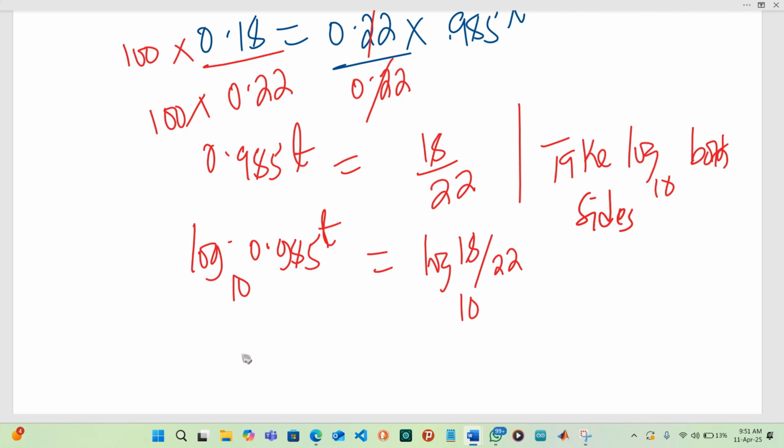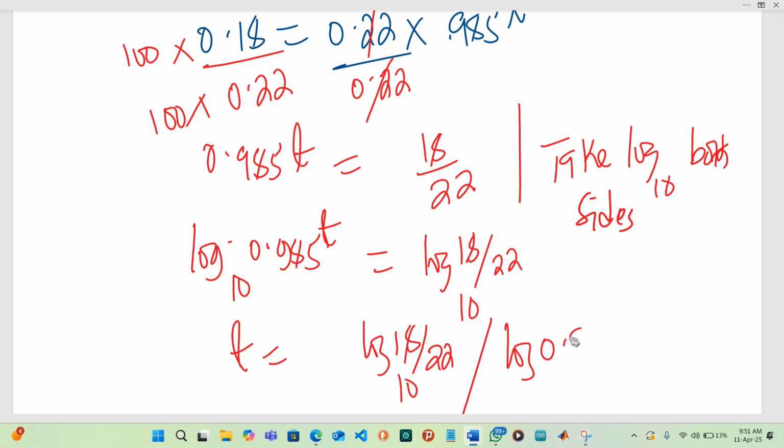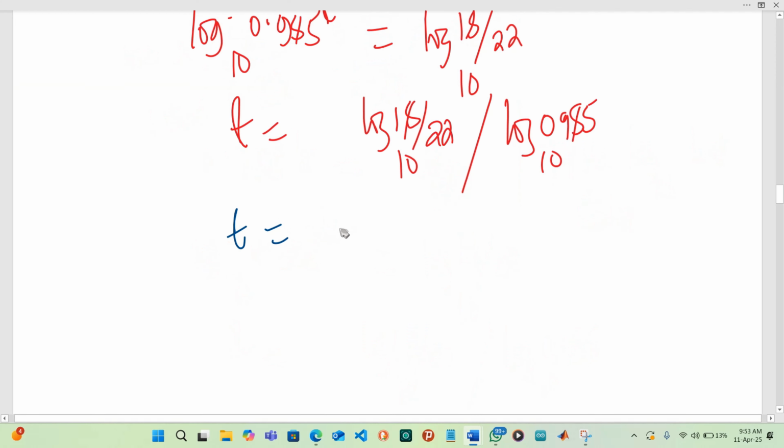So what does this give us? t will be log of 18 out of 22 to base 10, dividing everything by log of 0.985 to base 10.